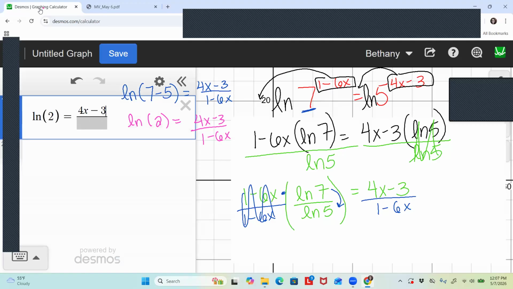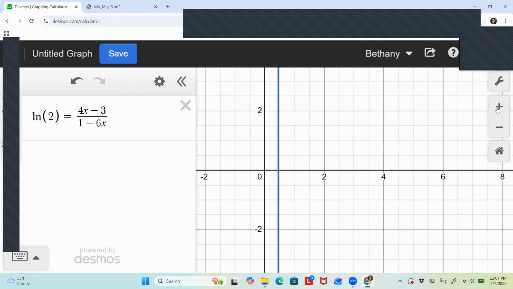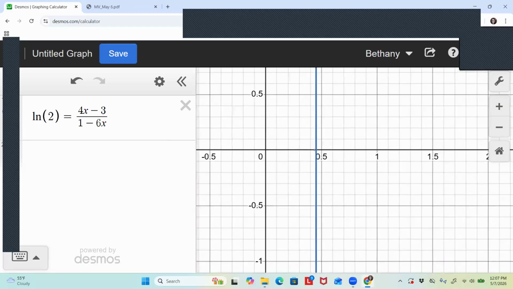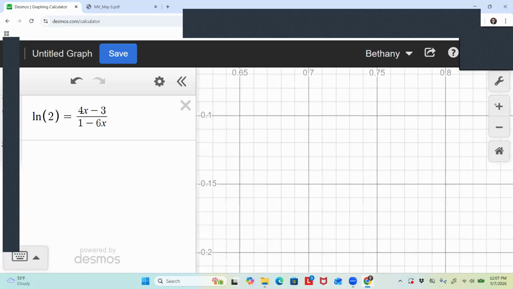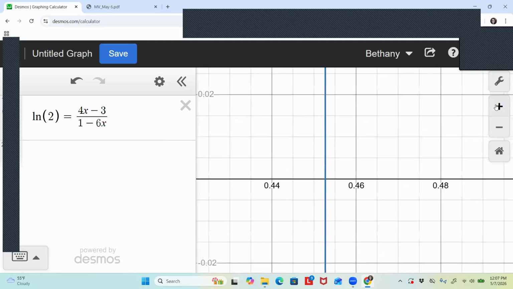Fraction for 4x minus 3 over 1 minus 6x. I'm going to clear this for a second. You're going to zoom in. We're going to go tight because we need it to 4 places.